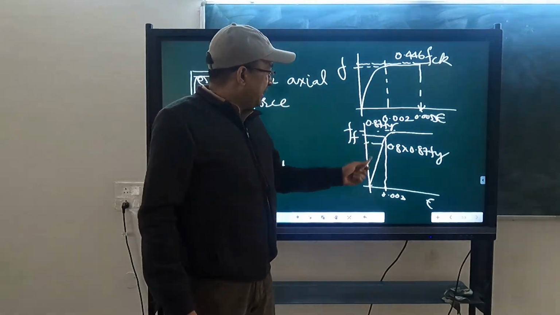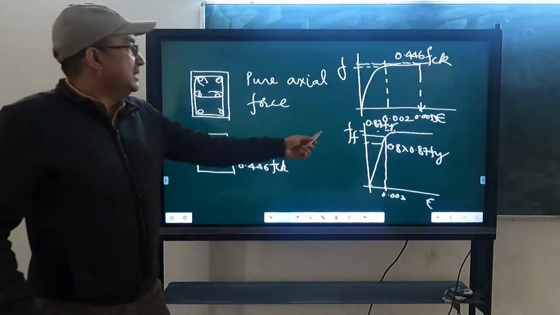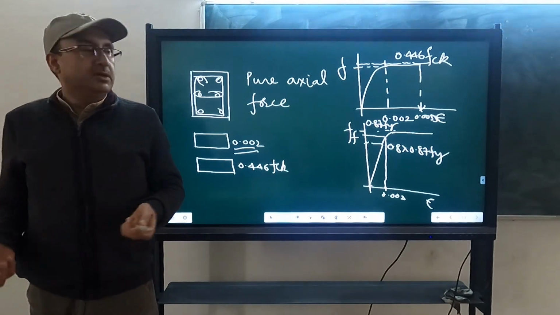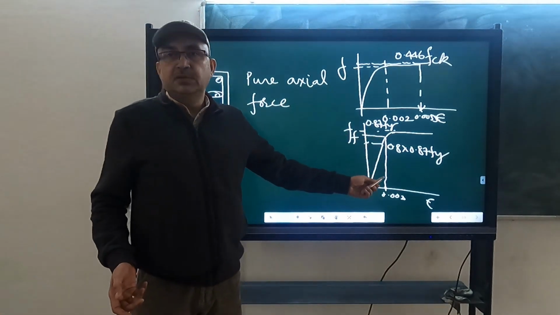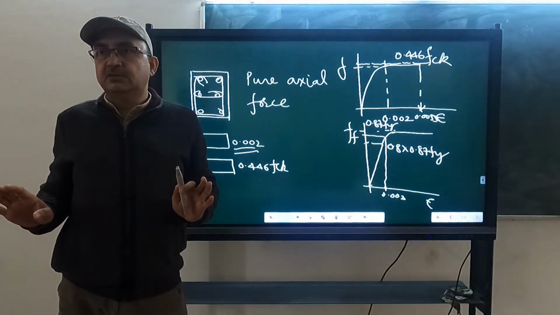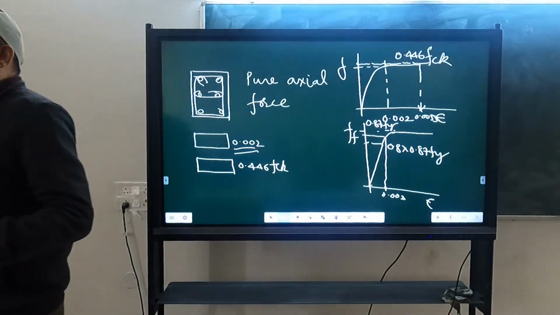Depending on the grade of the steel, the yield strain, you can calculate. So you will find it somewhere here. You have to read from the stress strain curve. You are not taking 0.87 Fy in that case, although if you take it close to 0.87 Fy, there won't be much error.